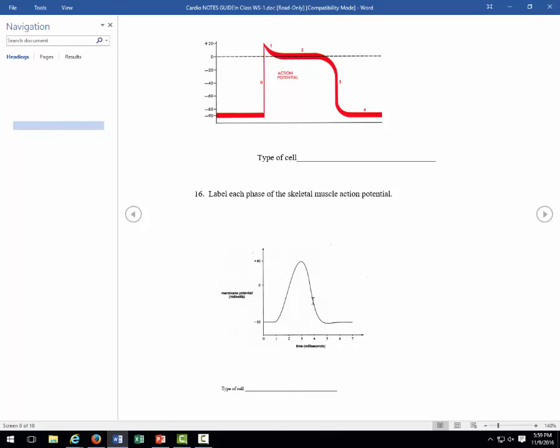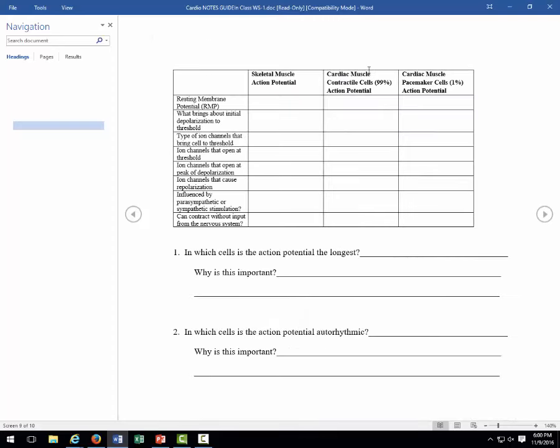The skeletal and contractile, right, and the contractile. So again, I can create an action potential by using an AED on the surface of the skin, right, and providing an electrical jolt to those cells. Or the conduction cells, the autorhythmic pacemaker cells, generate that action potential through those gap junctions.